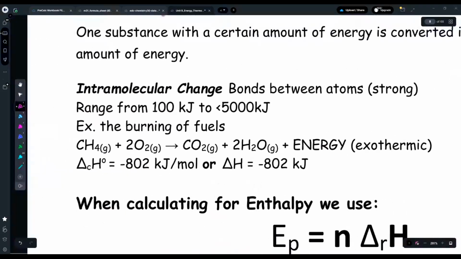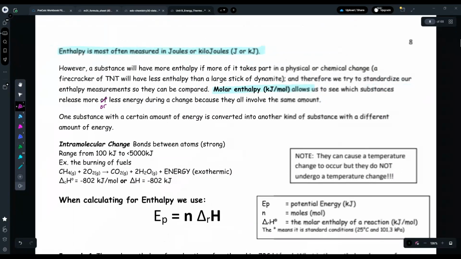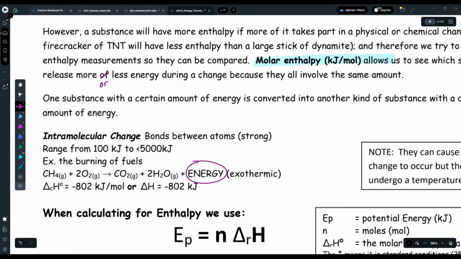Since you have an exothermic reaction, we can expect our molar enthalpy to be negative, as well as our change in enthalpy. That is something that's going to come up later. If you have a negative molar enthalpy or change in enthalpy, you should know that it's talking about an exothermic reaction.